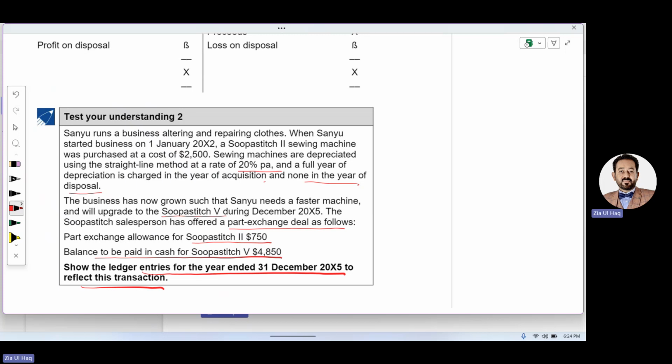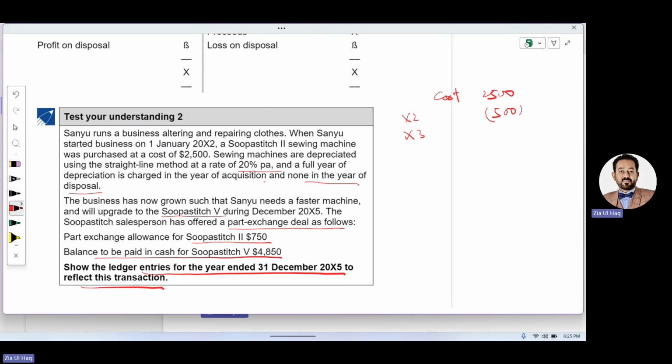First, we need to see the carrying value of the asset at 31st December 20x5. Its cost was 2,500. For 20x2, depreciation is 500; a complete year's depreciation is charged in the year of purchase.